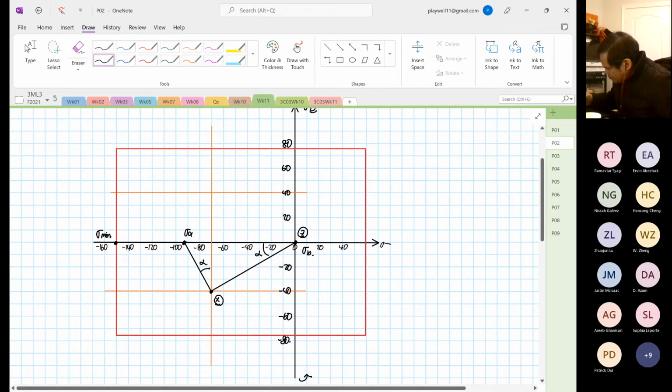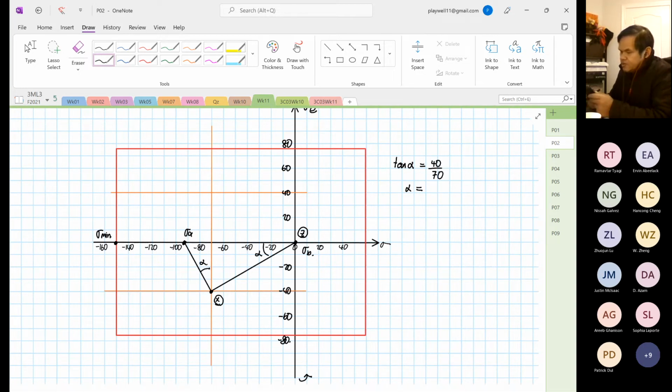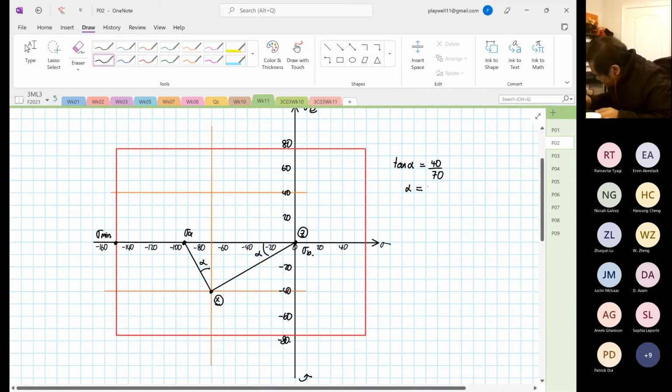So we still calculate tangent alpha, which is equal to 40 divided by 70. So alpha is the inverse tangent of 40 divided by 70, which is 29.745 degrees.